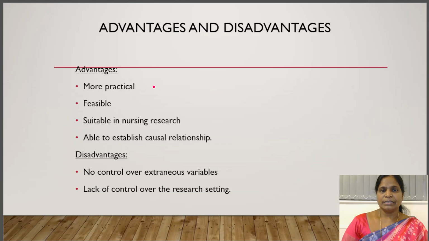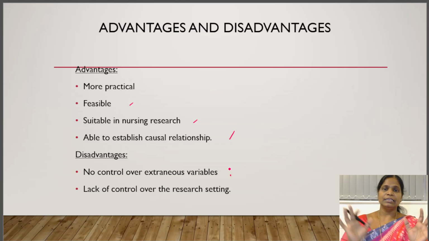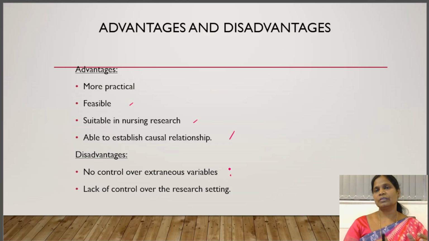Advantages and disadvantages: more practical, feasible, suitable in nursing research, establishes a causal relationship; but there is no control over extraneous variables. Whereas in true experimental research design, we said there is control, where the researcher sets a setting where extraneous variables are not involved.